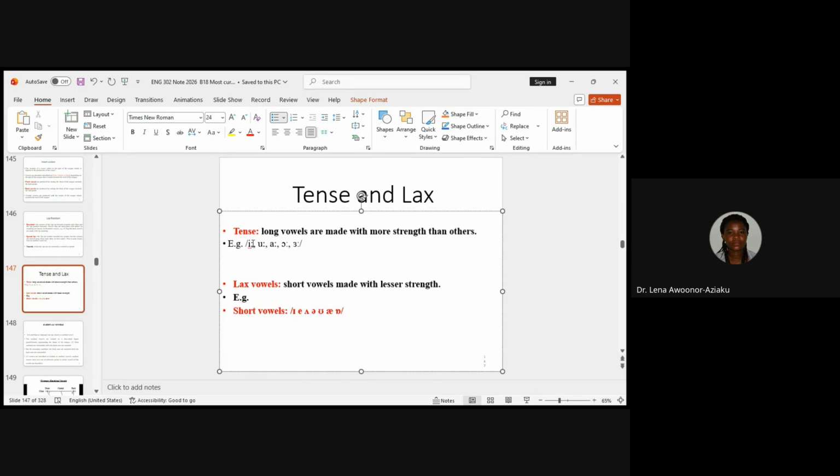And this diacritic mark is universal. It's not only for English. Some languages also make use of the length mark, diacritic. So you can say tense and lax. Tense vowels are those that are relatively long. Lax, they are relatively short.